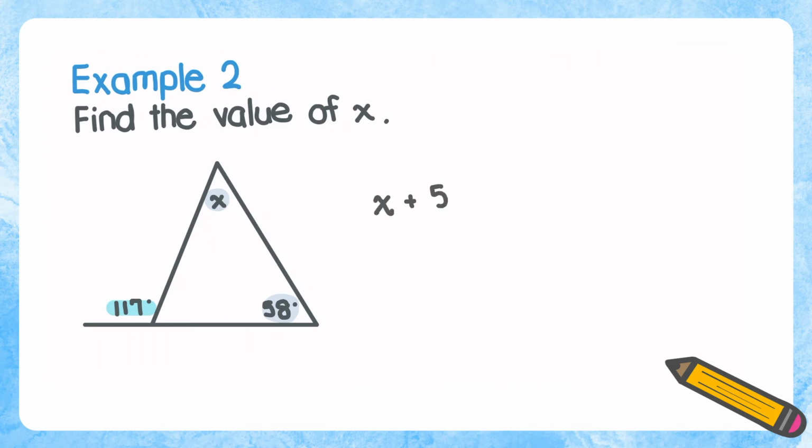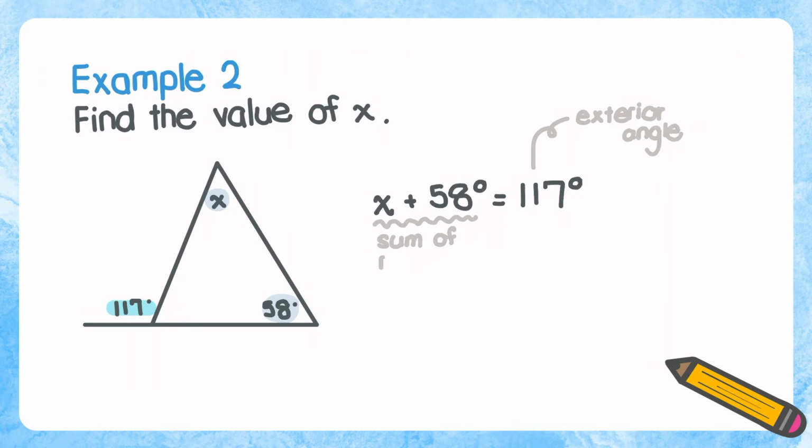We know that x plus 58 degrees equals 117 degrees by using the exterior angle theorem. This is our exterior angle measure, and this part is the sum of the remote interior angles.